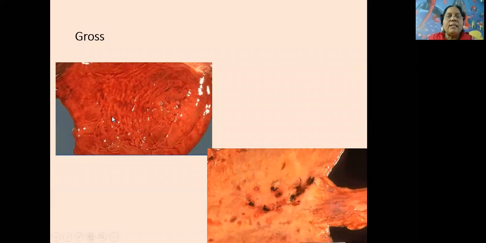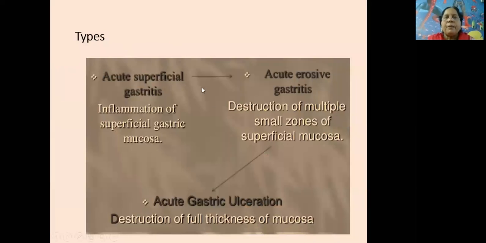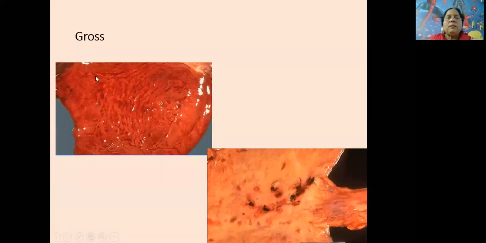So grossly, how does it appear? If it is destruction of multiple small zones of superficial gastric mucosa, it will resemble this. What are the cardinal signs of inflammation? You remember the cardinal signs. The same happens everywhere, even in an organ.